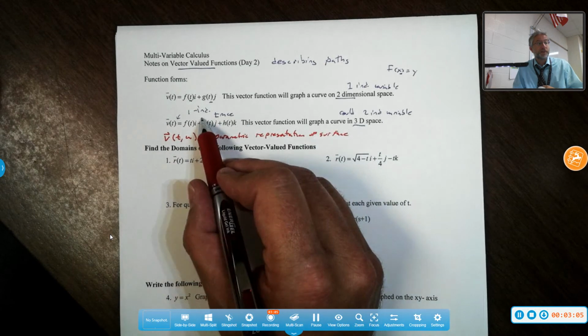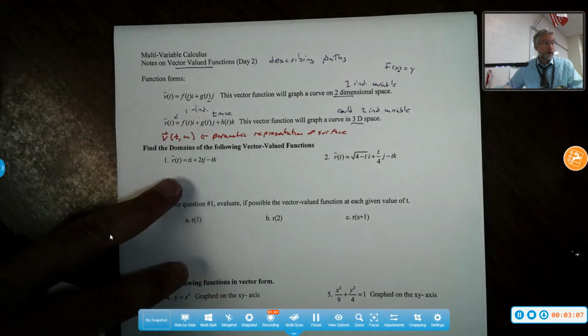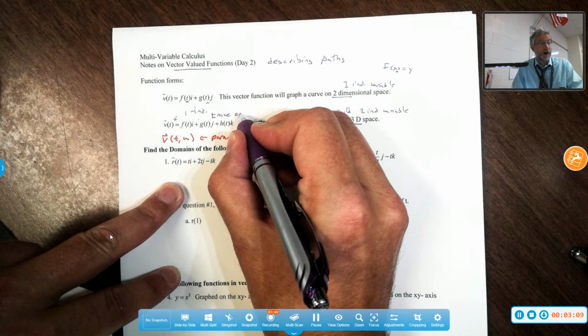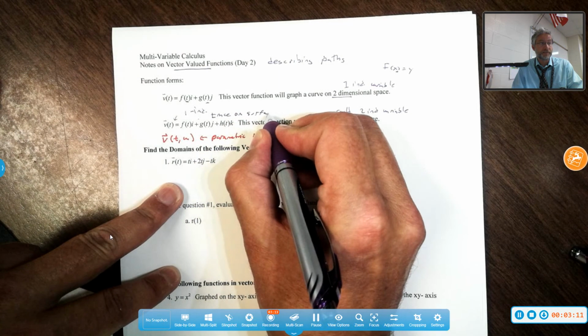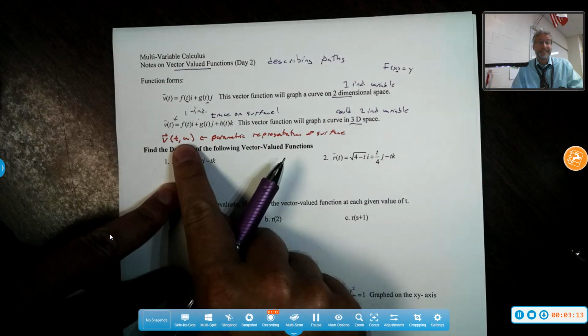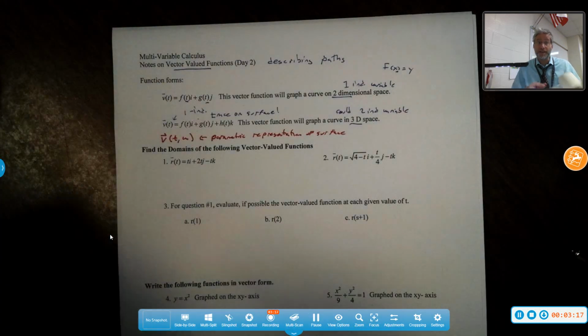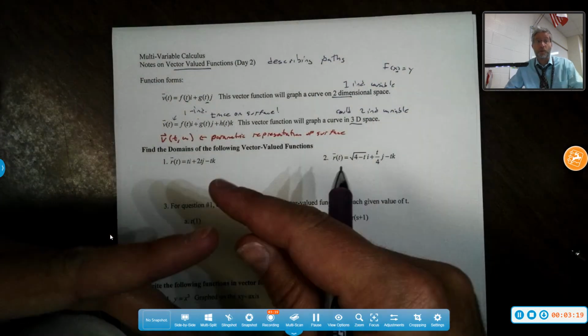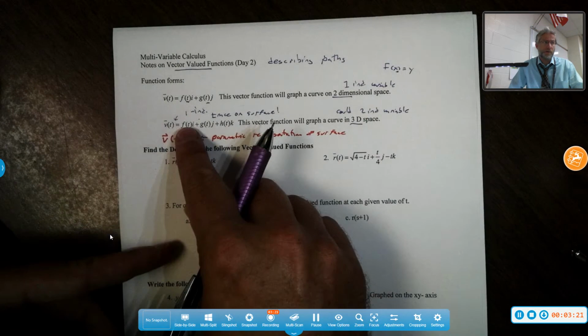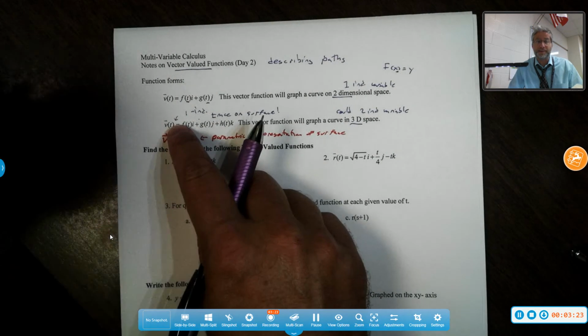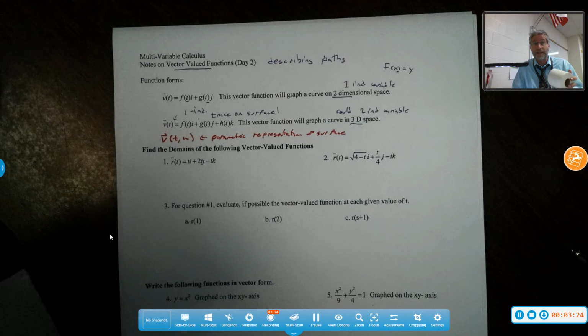In terms of t alone, it would be a trace on the surface. T and u would be the actual surface itself, because again, it's like x and y. You're adding an x and y component to it. Here we're only adding one component. It'd be like f of x. It's like a line, y equals x.